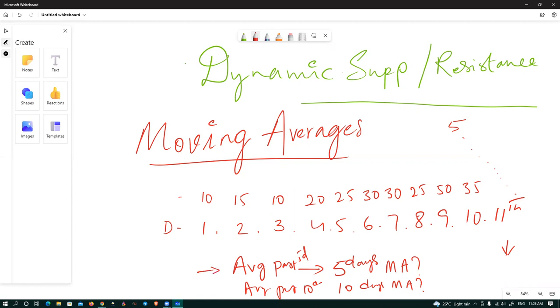Which value do you need? Suppose you need the 5 days moving average. In the sense, you go back to the previous 5 days, the recent 5 days values: 1, 2, 3, 4, 5. Add all these 5 days values. You get 60, 85, 50 is 135, and 35, 170.